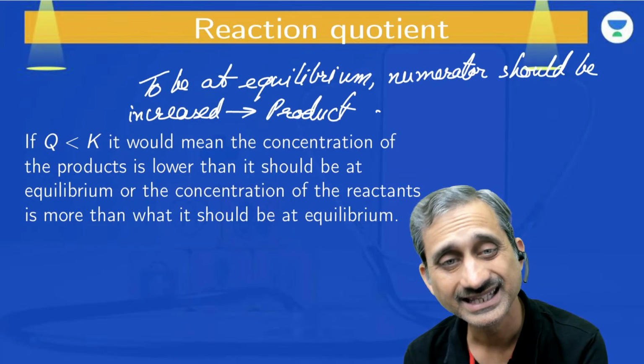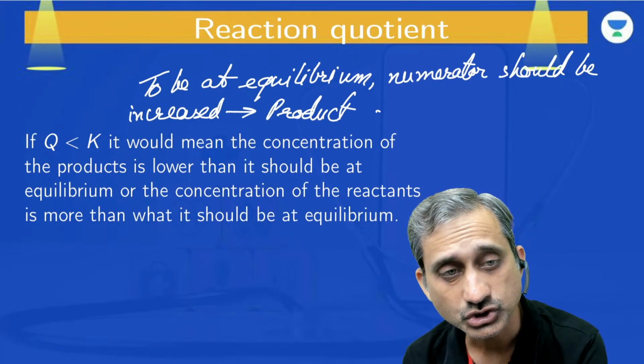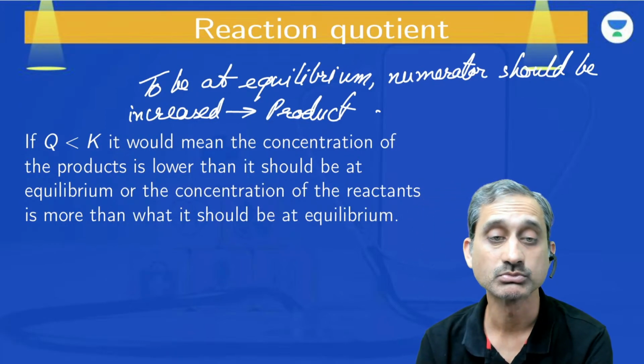So if Q is less than K, the concentration of the product is lower than it should be at equilibrium, or the concentration of reactant is more than it should be.